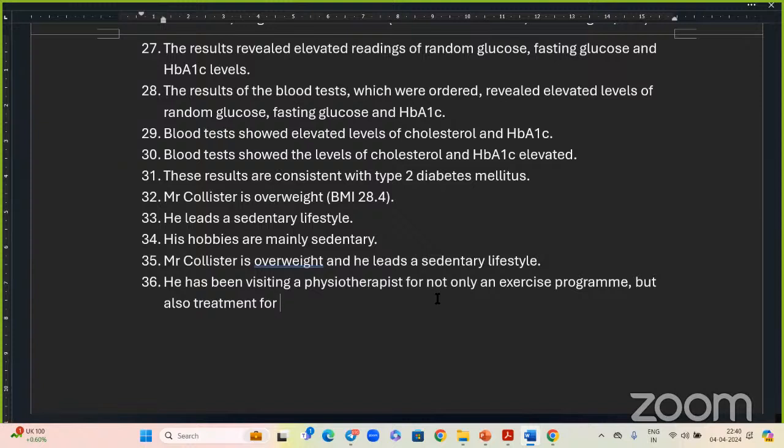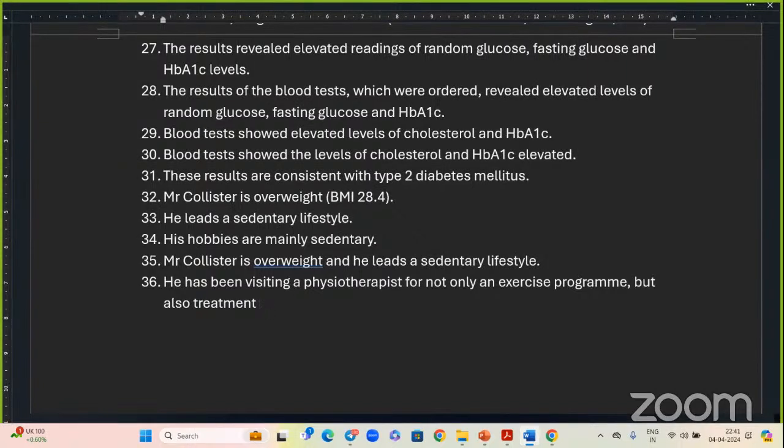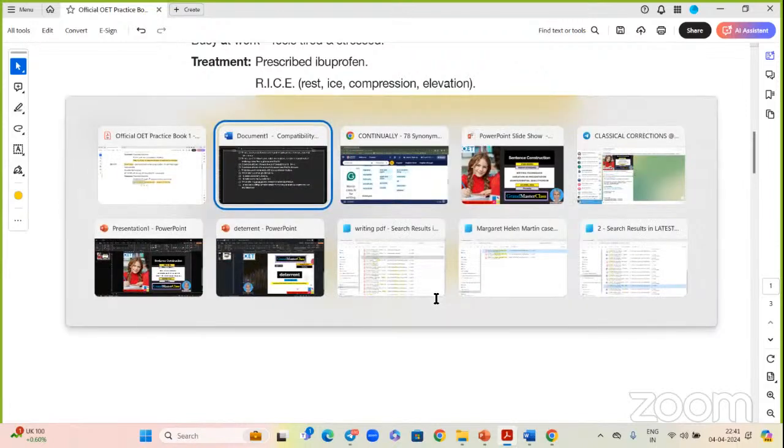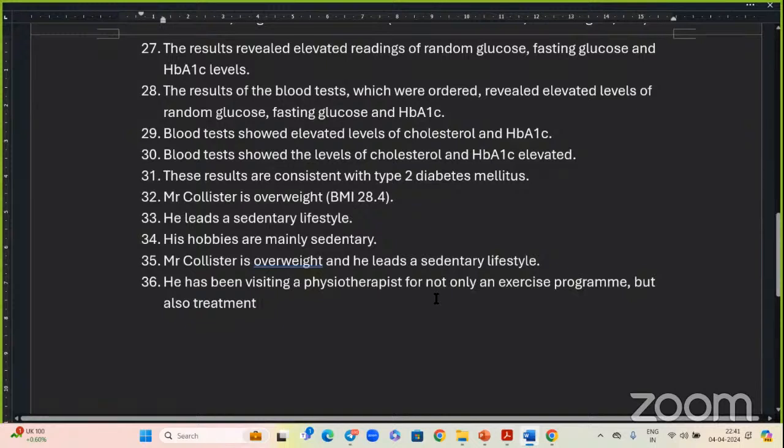Exercise program and treatment, or you can say management. Of his treatment, but also treatment for shoulder and right knee. Treatment of, so what are they?